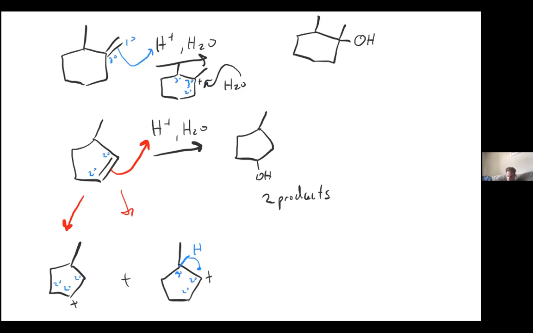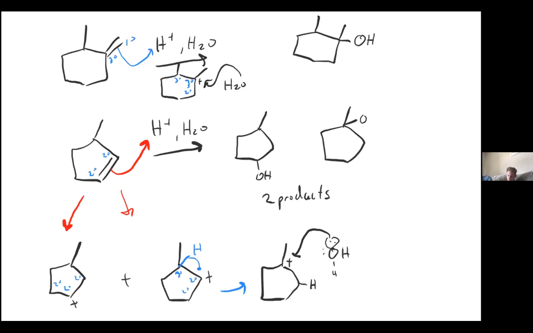So it will. And then our OH can come in. Now that we're at the most substituted center it can be at, we'll end up losing that H and end up with our second product, which is where OH is over here. Are there any questions on this problem?